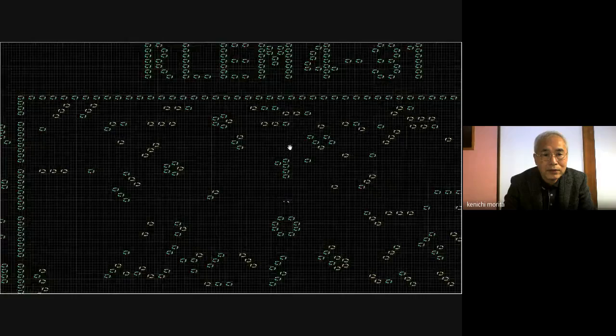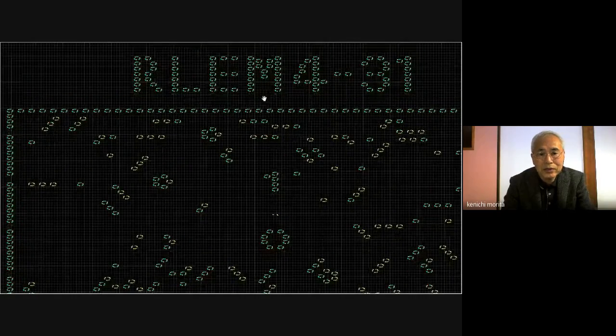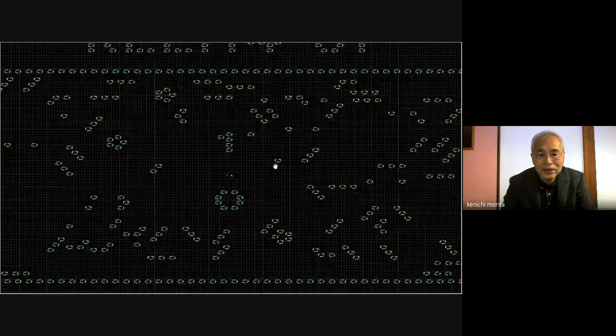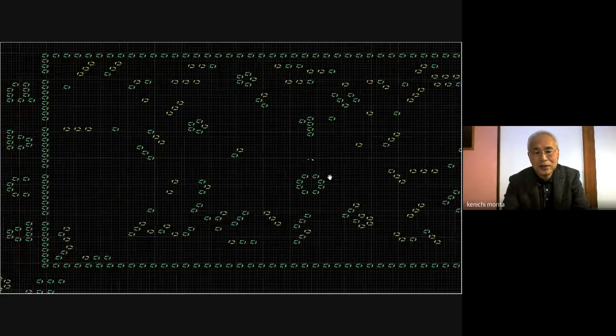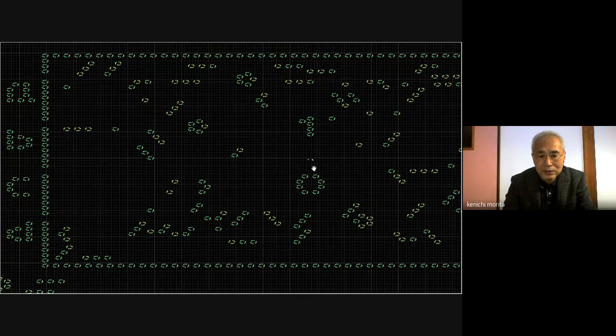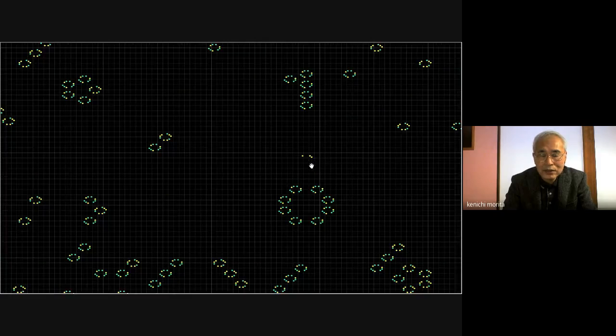This is a configuration of RLEM 431 in the cellular space of ETPCA 0347. Around the center of this pattern, there is a fin, rotating like this. Now it is in the lower position.